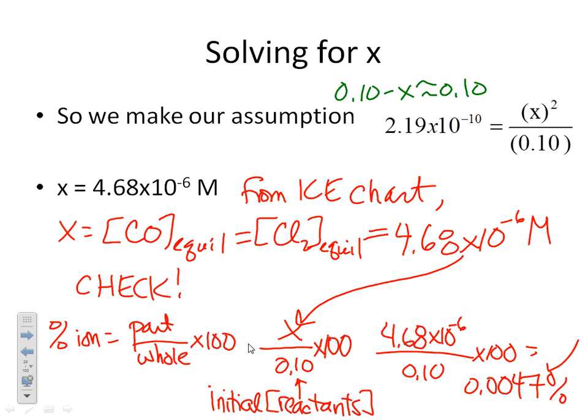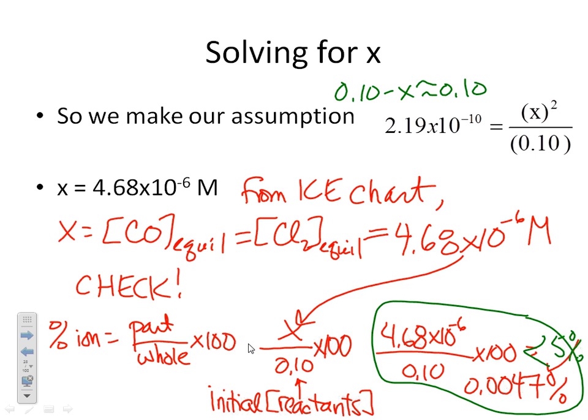Now, in terms of showing work for the check, realistically, it's this bit that would be needed. Even if you simply did this math and, instead of equaling 0.0047, simply said that it's less than 5%, that would be acceptable in terms of showing work for that check.